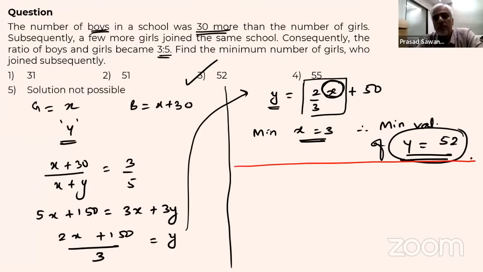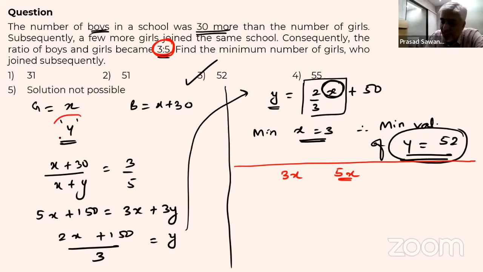Now, if I use another approach: at the end, the number of boys to girls was 3:5. So I say at the end, let the boys be 3x and the girls be 5x.